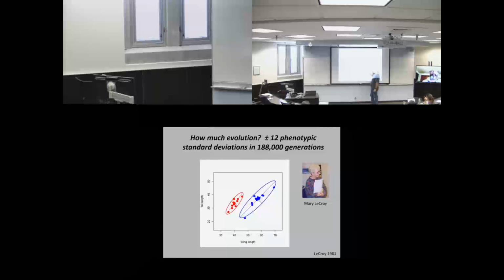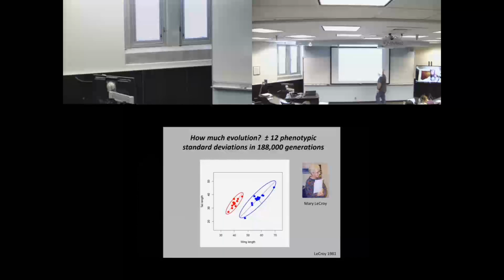So the other thing we get out of this is if you look at the width of this radiation, just say, well, how many phenotypic standard deviations is the radiation? If we take the 95% confidence limits as a standard statistical measure for how much radiation we get, just using tip data, we're accounting for about plus or minus 12 phenotypic standard deviations on either side of the mean in each of the two characters, right? 12 that way, 12 this way.